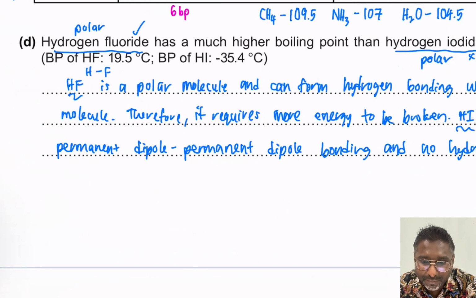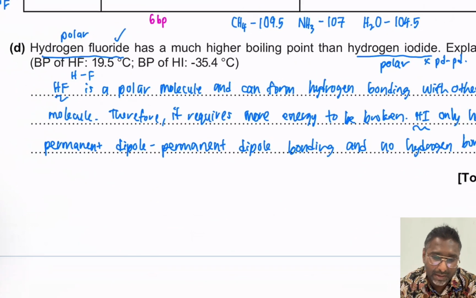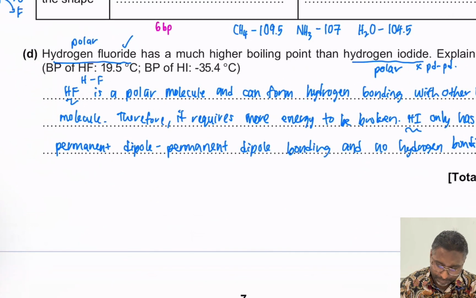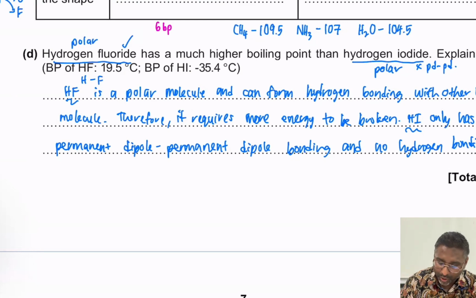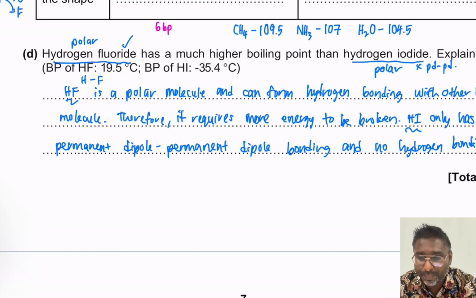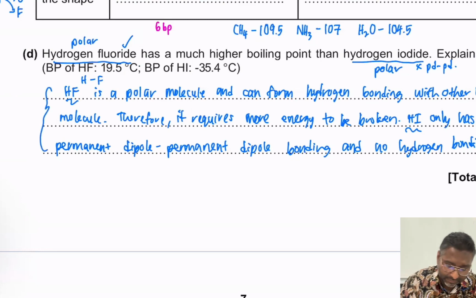In this case, what is important is, I think I explained this, but I didn't mention that hydrogen bonding is stronger than permanent dipole bonding, though I did mention it requires more energy to be broken. A better answer is to compare, because hydrogen bonding is stronger than permanent dipole bonding. So maybe this answer is not so good.